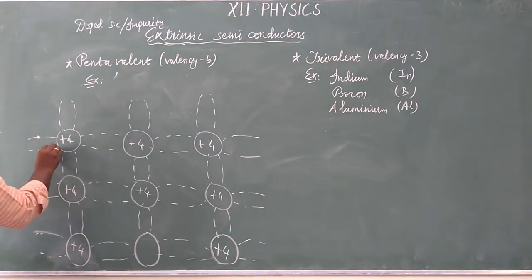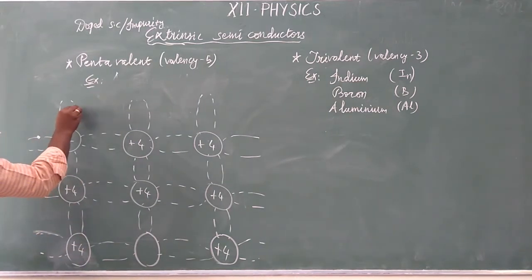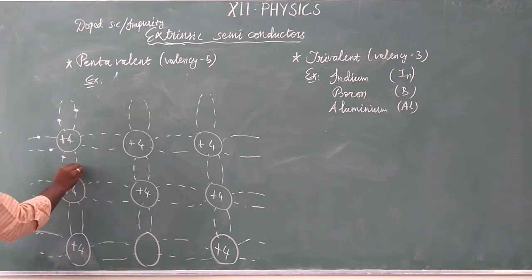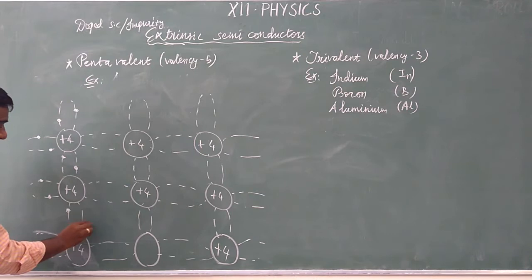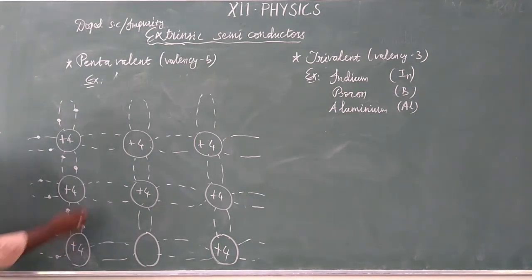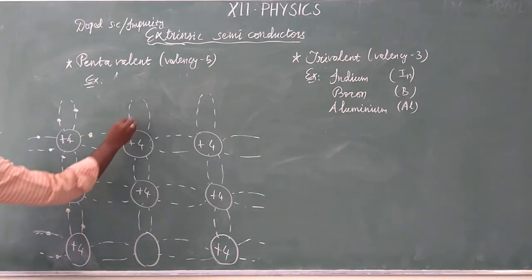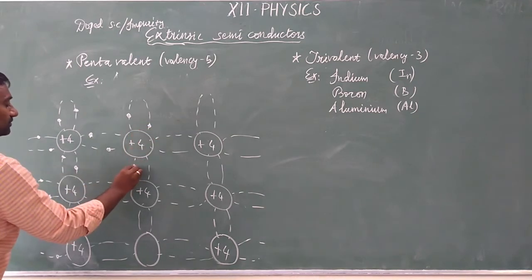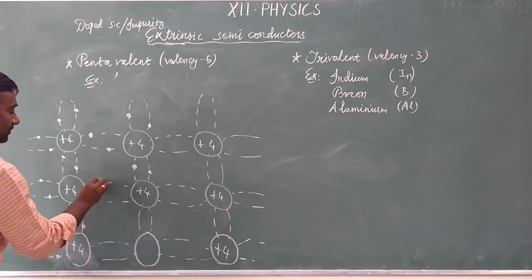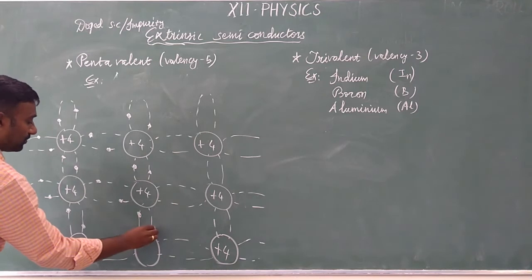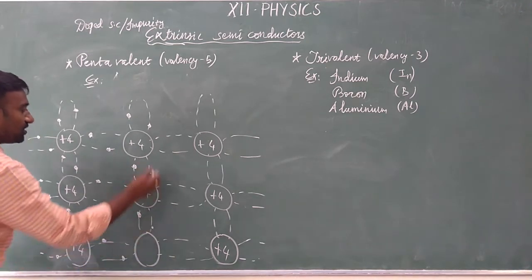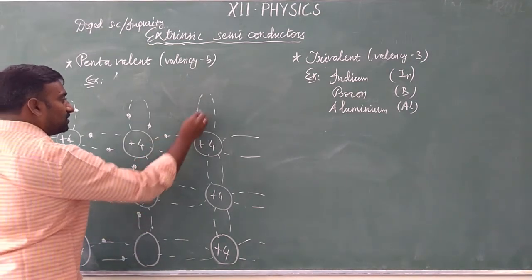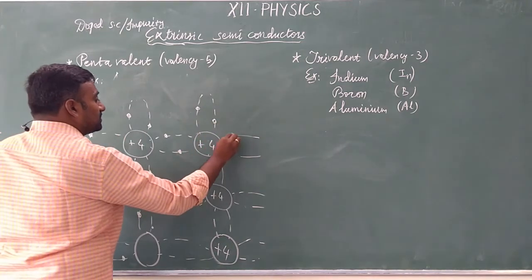So in every cell, it is completely filled. So here you can see that in the covalent bonds, the electrons are normally occupied.